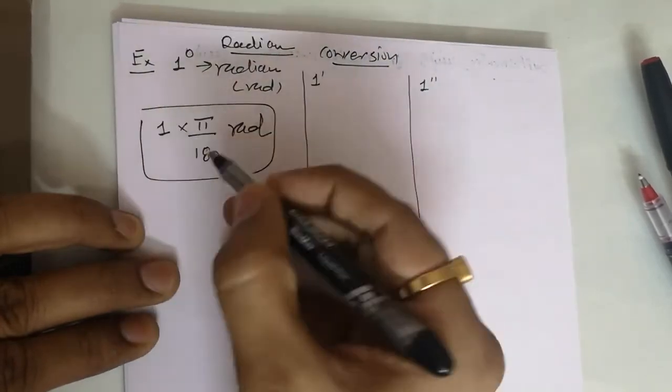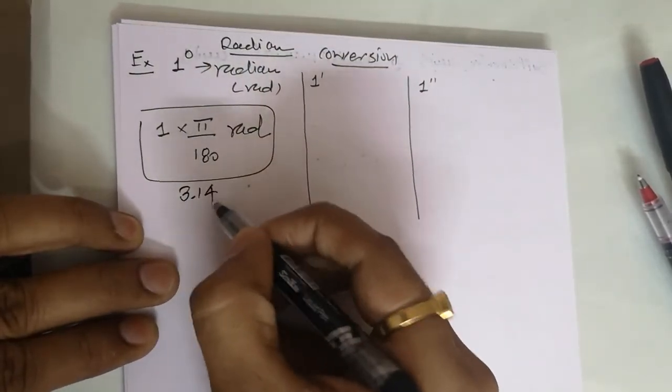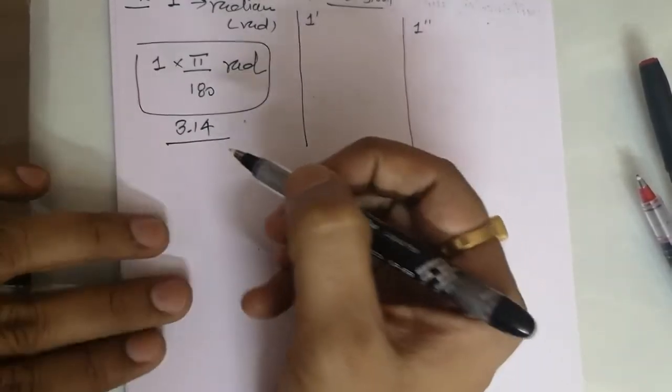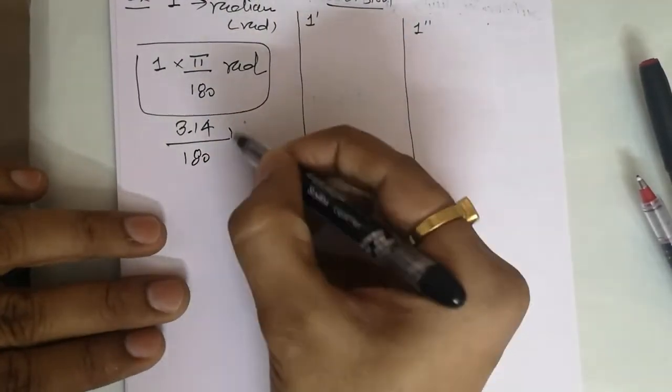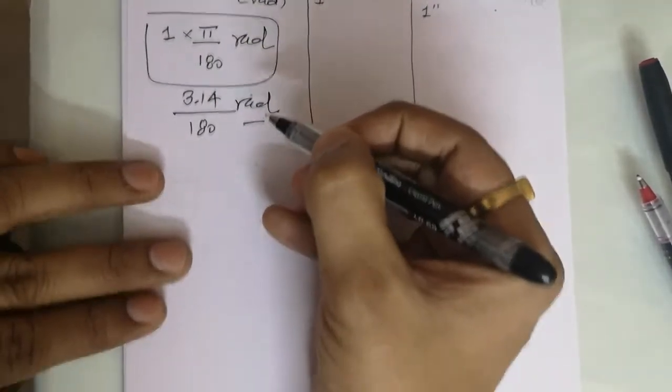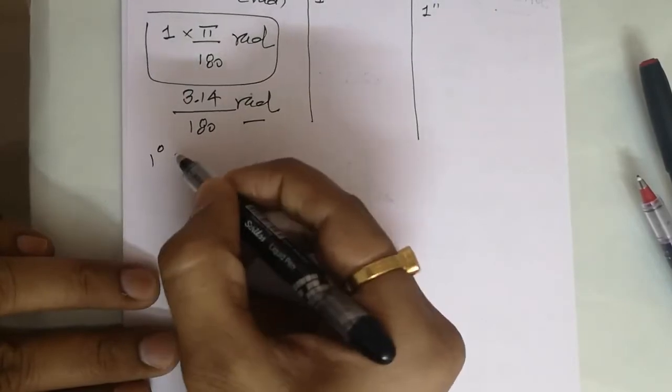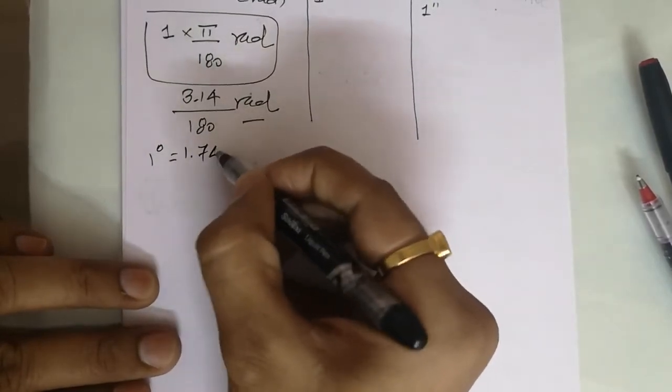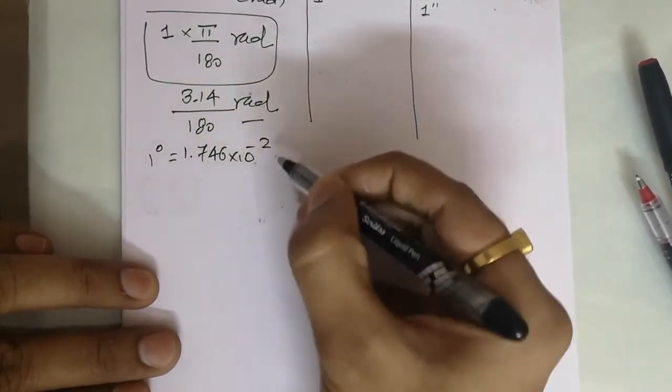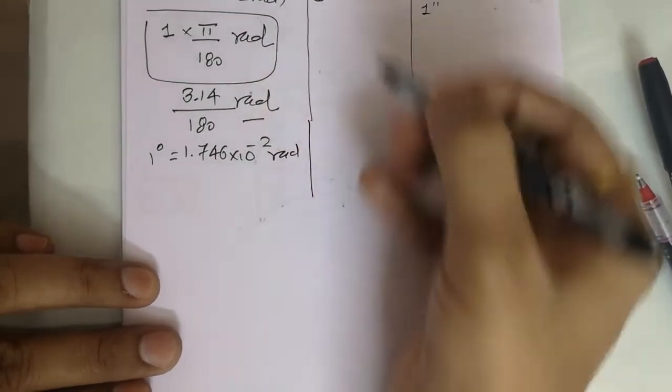You can convert mathematically, putting the value of pi as either 22/7 or 3.14, divided by 180. Directly you can mention that 1 degree equals 1.746 cross 10 to the power minus 2 radians.